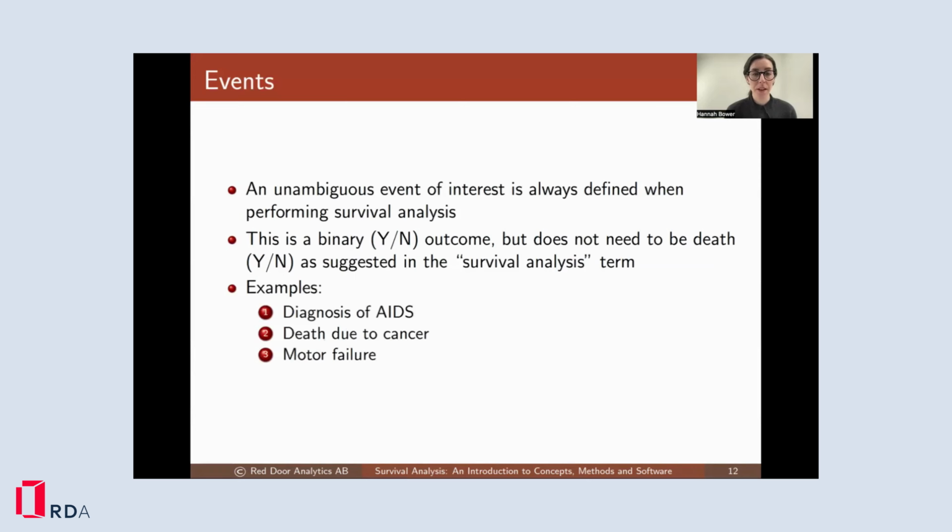So some examples of this would be diagnosis of AIDS, yes or no, death due to cancer, yes or no, or it could be, if we go outside of the medical field, something such as motor failure. So if we're looking at cars, for example, and we're interested in saying, did this car have failure of their motor or not, yes or no? As long as the outcome is a yes or no variable.